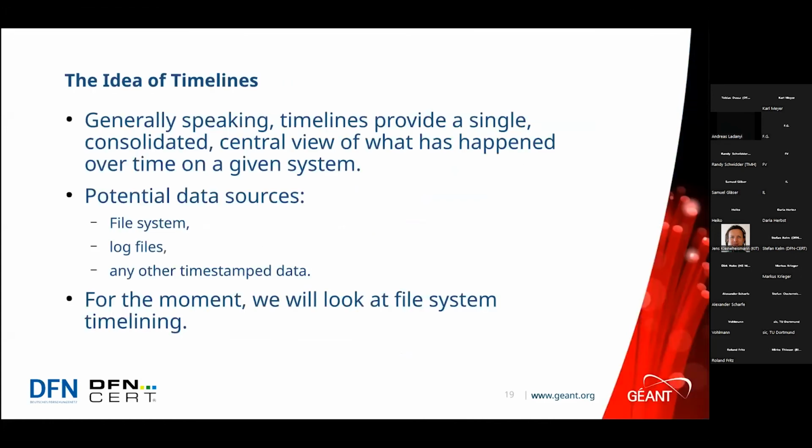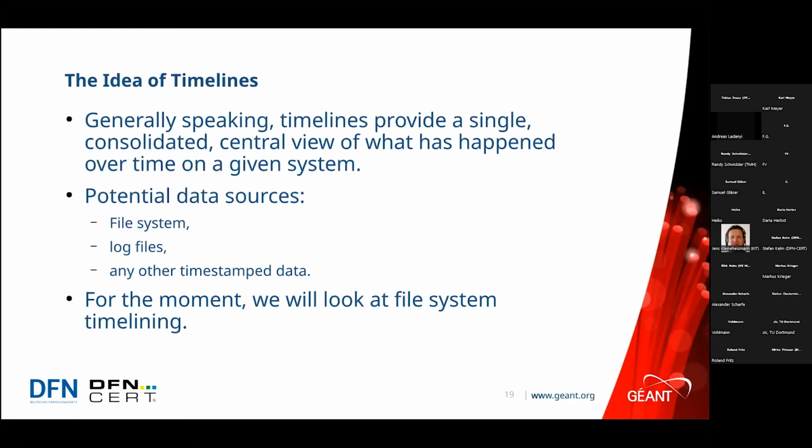Generally speaking, a timeline is a huge dump, linearly sorted, of events, a single place of all events that happened on a given system that you want to analyze. Data sources for this are the file system, most certainly log files, any other timestamp data, really, net flows, emails, whatever. For the time being, we will just look at file system timelining.